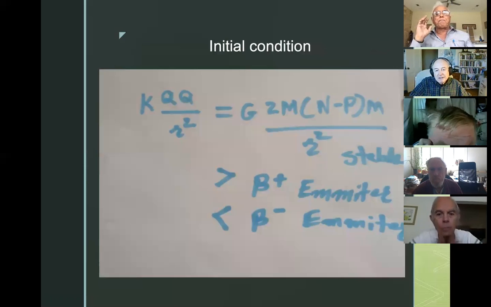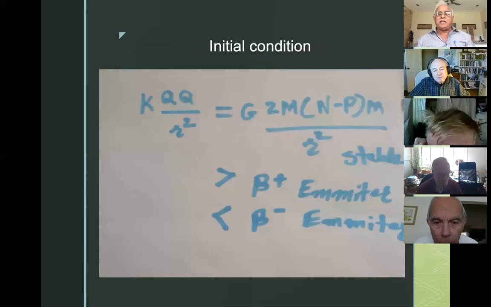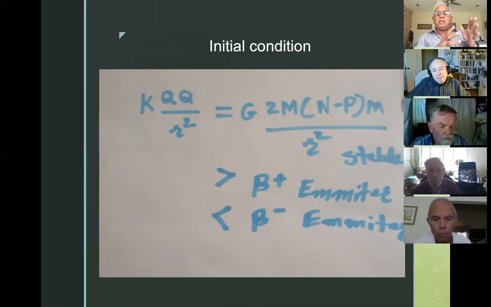Now, I did further study and found that for this element to be stable, it has to somehow balance the Coulomb forces with the gravitational forces. That is part of the initial condition. If that initial condition is not met, elements don't form.